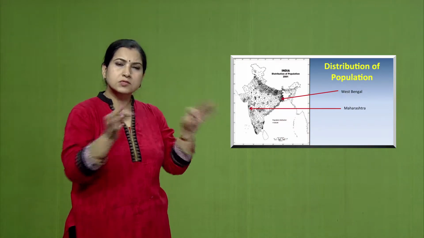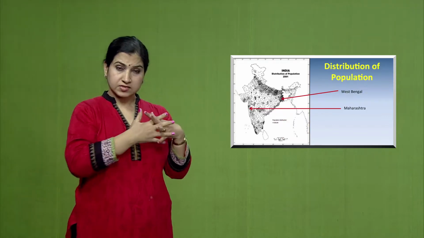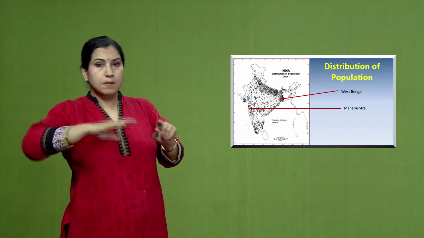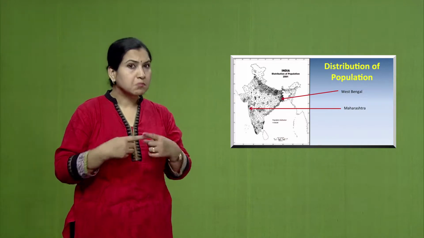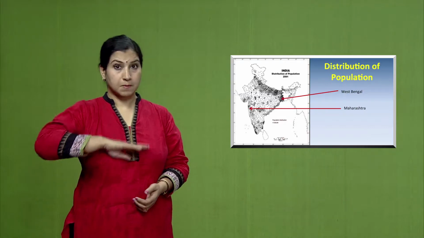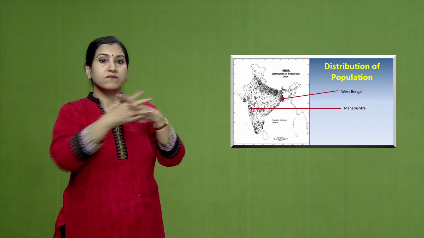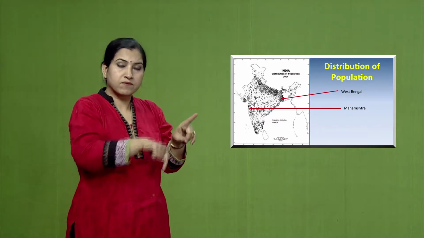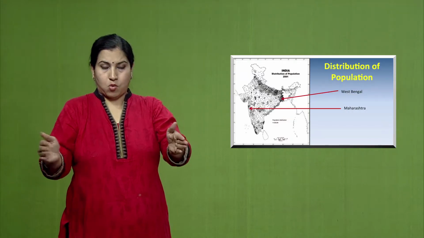From the simple look at the map, it appears that West Bengal has more population than Maharashtra. But it is not true. Maharashtra has more population than West Bengal. But Maharashtra is thinly populated because its land area is larger than that of West Bengal.